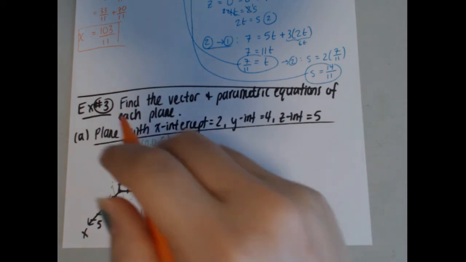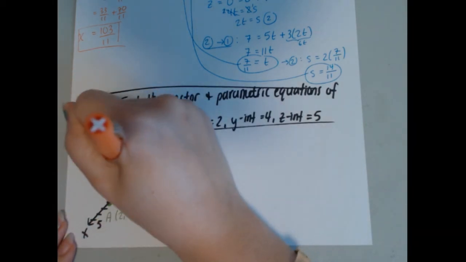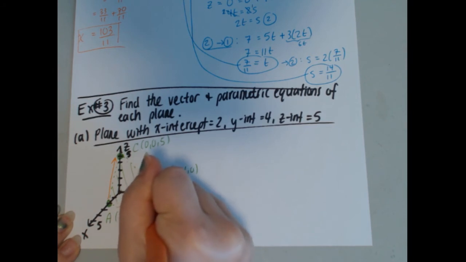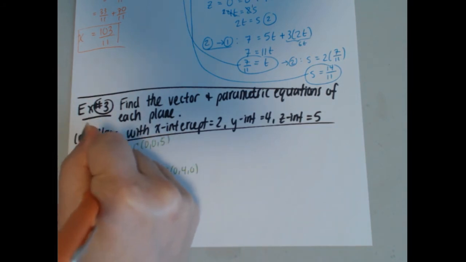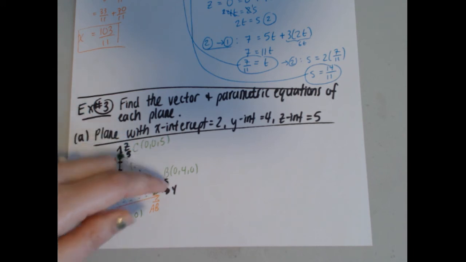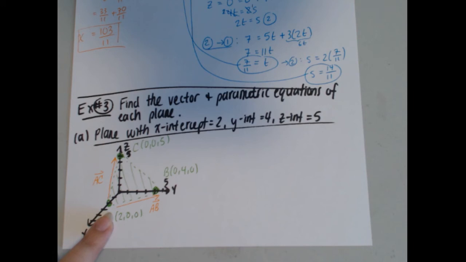For example, I can use the vectors AC and AB to span the 2-dimensional space. They are not parallel to each other. I could have just as easily used AC and CB, or AC and BA, or BA and CA. It doesn't matter. Any combination of 2 vectors you choose won't be parallel, as long as they're not opposite vectors.